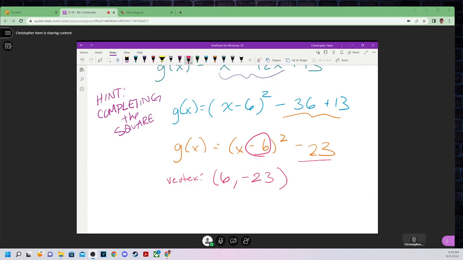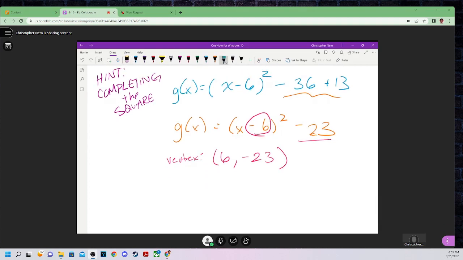Another way to think about this is that we move right 6. From 0, if I move right 6, I better have positive 6. And then I move down 23. If I move down 23 from (0, 0), I better have minus 23 for my y value. So that's how transformation and vertex form play a role together.